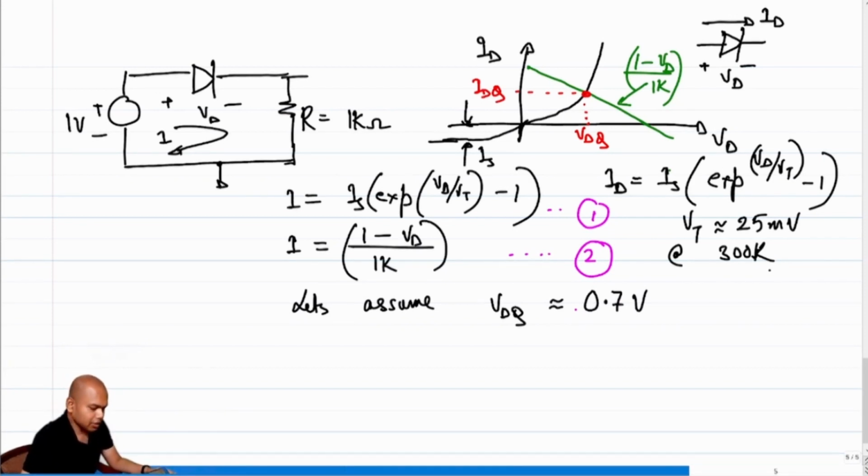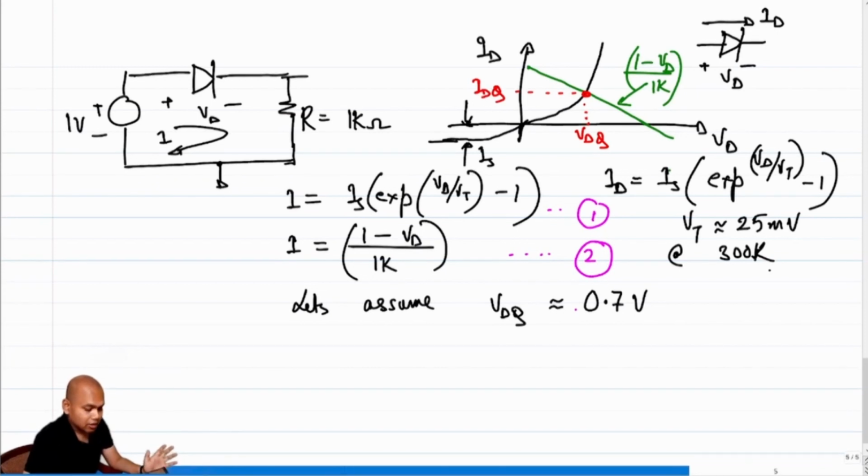This is an approximation that we generally take in case of a diode, that is, if the diode is on, right? Depending upon the type of diode, let's say it's a silicon diode, and if we have certain ranges of currents, we say that the on voltage is 0.7 volts.